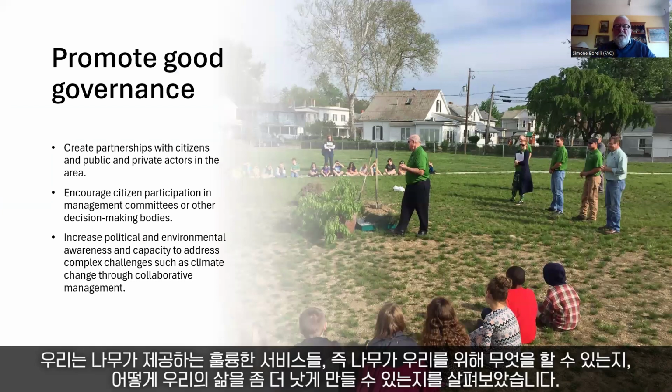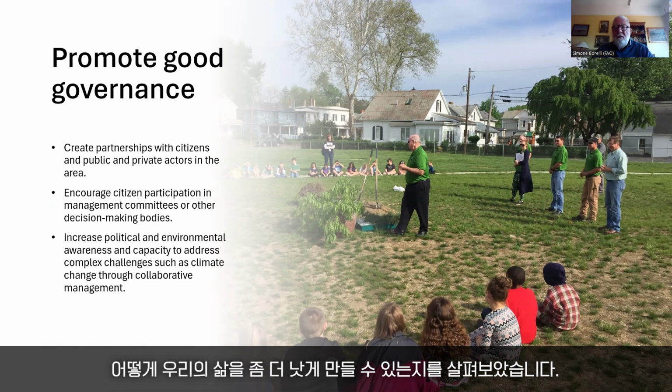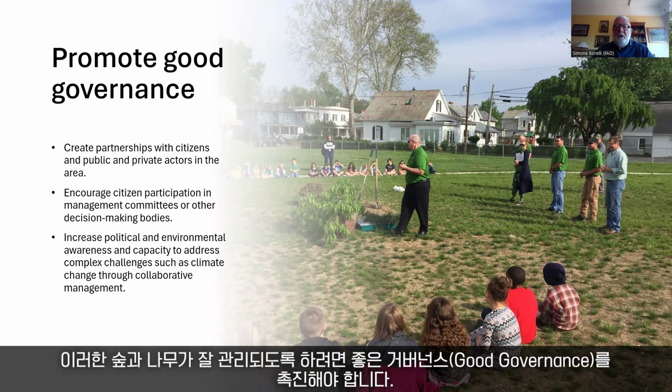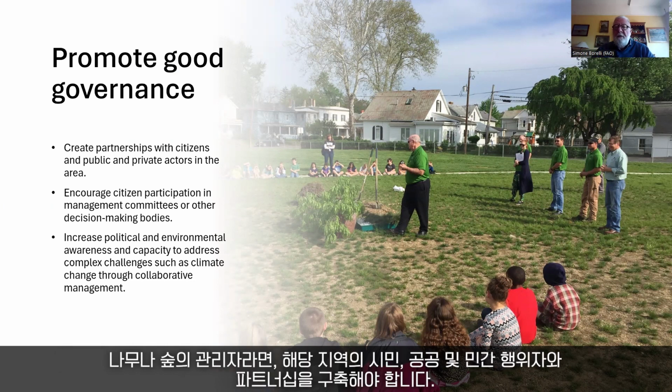Now, of course, we have all these fantastic services. We've seen what trees can do for us, how they can make our lives better. However, to ensure that these forests and trees are well maintained, we need to promote what we call good governance. Therefore, as managers of trees or managers of forests, we need to create partnerships with citizens and public and private actors in the area.